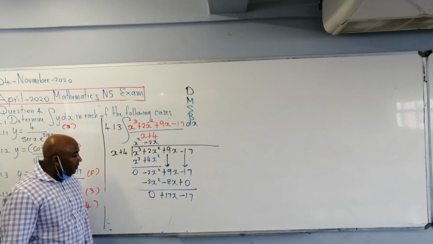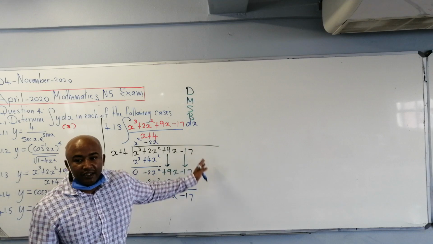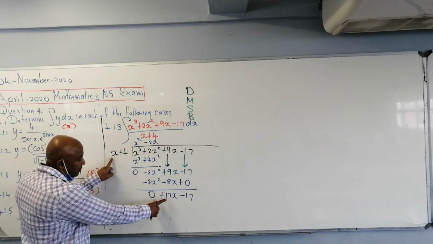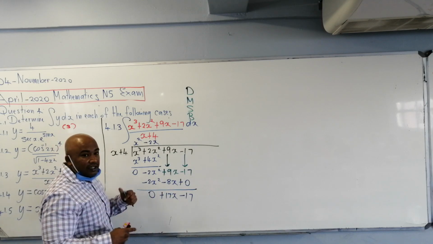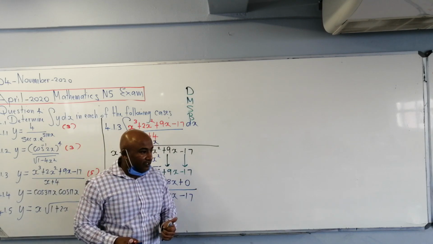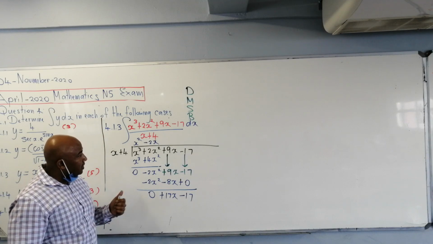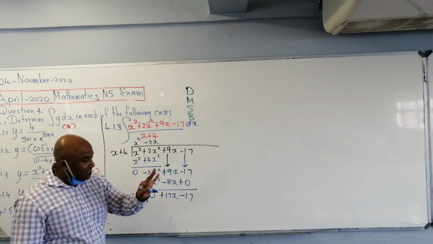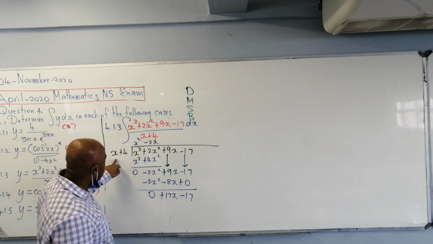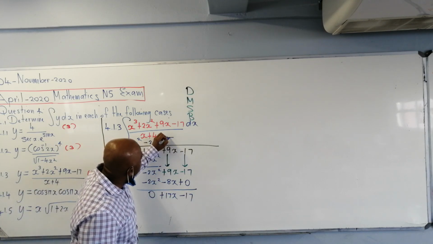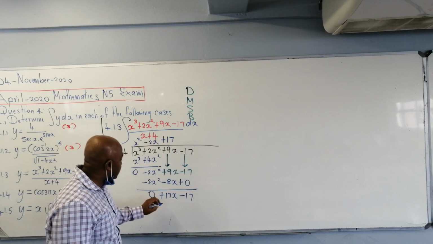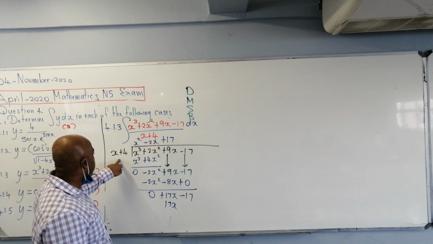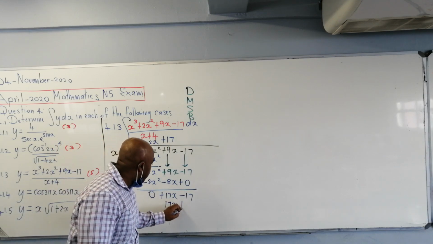Okay. So now, bring down, there's nothing to bring down here. So go back, check. We got an x and x, they are equal. That means you still can divide it. Can you see that? So you go back. That's why it's 5 marks, because you're using the process 3 times. You can see that. 17x divided by x will be plus 17. 17 times x is 17x. 17 times 4, that will be 68, correct?